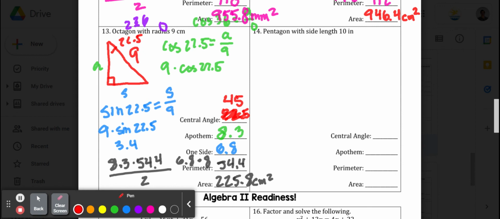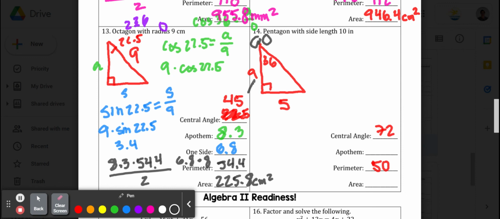It's a pentagon. So we've done a pentagon before. If you remember, the central angle is 72. So this little guy right here, our little triangle, is going to be 36 in there. Side length is 10, so 10 times 5, so perimeter is 50. But that means right here, we're only going to see 5 because it's half of it. And then I'm looking for the apothem. So googly eyes. I know I keep just forgetting to do googly eyes.